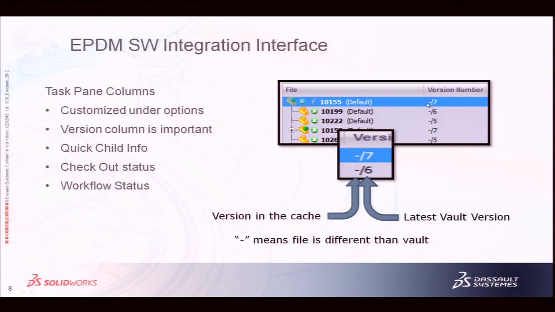If it's a dash, that means the version you're looking at does not match anything in the vault. Generally that means it's been saved and it's newer. So when you see a dash-7, like in this case, that doesn't mean it's bad. That means the version you have doesn't match the latest version in the vault, simply because you've changed it and saved it. And it recognizes that based on time and date stamps and that kind of thing.